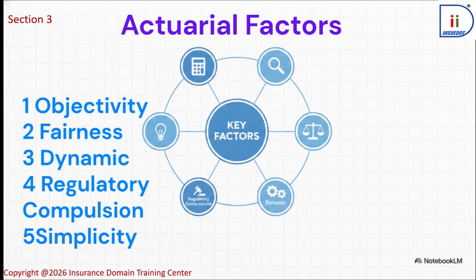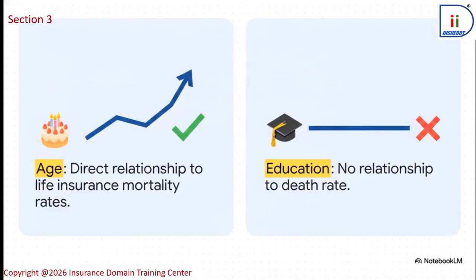Now, you can't just group risks based on intuition. To build a proper and legally defensible classification system, insurers carefully balance 5 key factors to ensure the system is functional, fair, and legally compliant. First, they need sound actuarial factors.